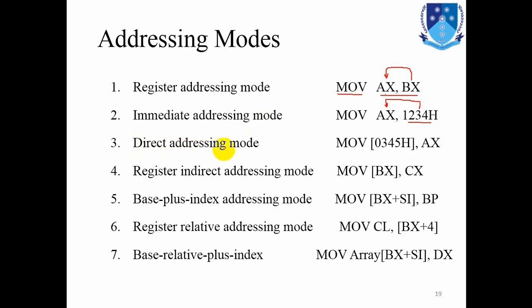Similarly, the direct addressing mode is that addressing mode in which we are using the memory addresses directly. The brackets are representing the address of the memory location, and the address is 0345H, meaning that 0345H is not a number, but it is representing the address of the memory location.